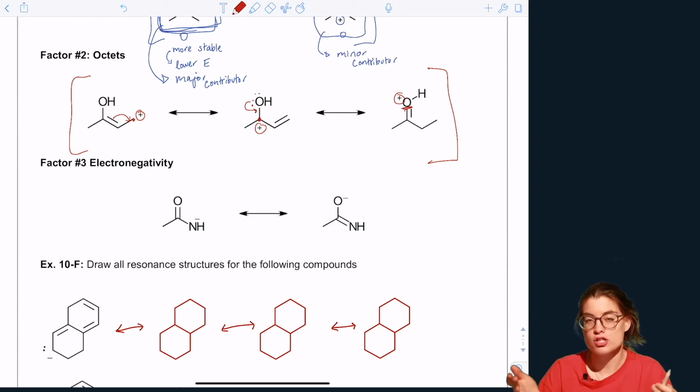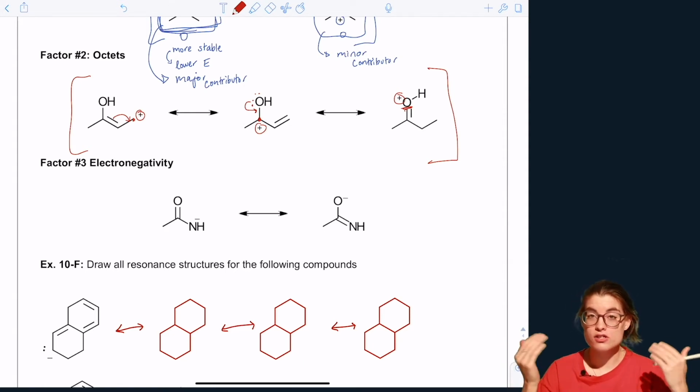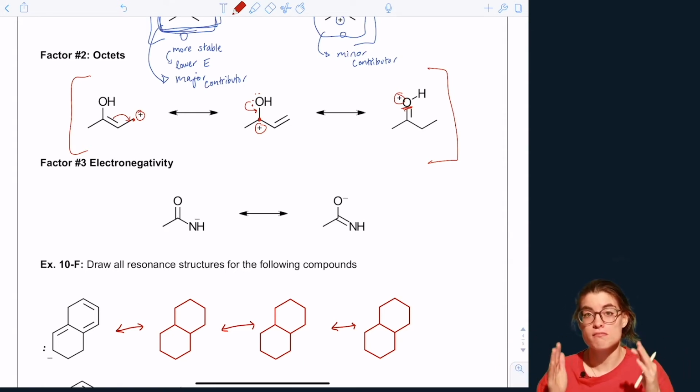If oxygen is more electronegative, then it would prefer to be negative rather than positive, and carbon is not that electronegative, so it doesn't really care. That's a good way of thinking about it, but there's something more important, which is the octet rule.